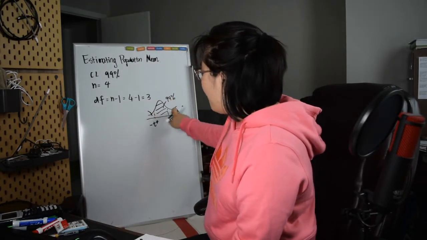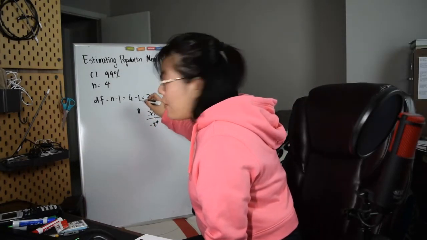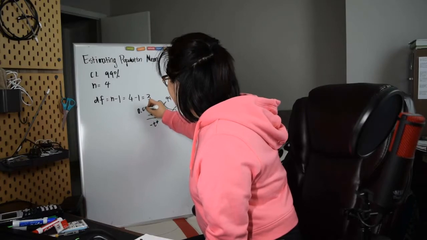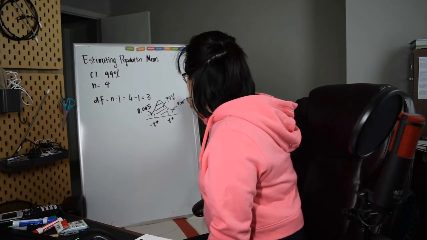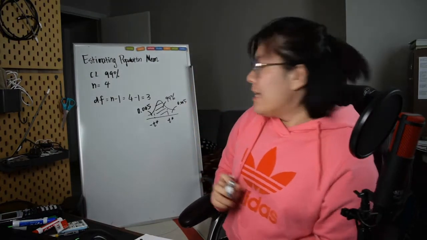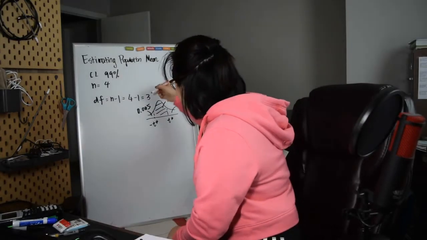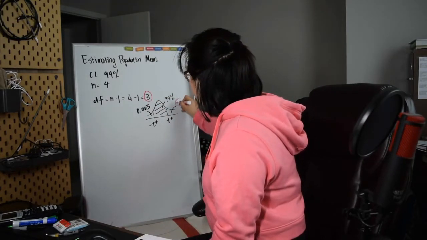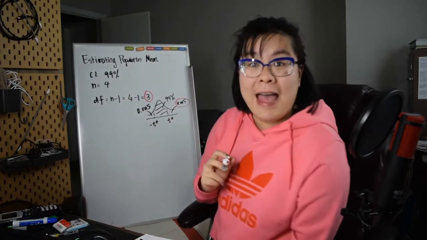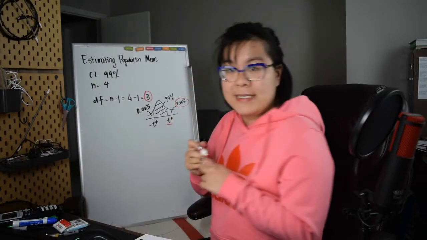We know both of them added together is 1%, and each of them will be 0.5%, which is 0.005. So we will use our degree of freedom of 3 and the area of the upper tail to determine what this t star is.